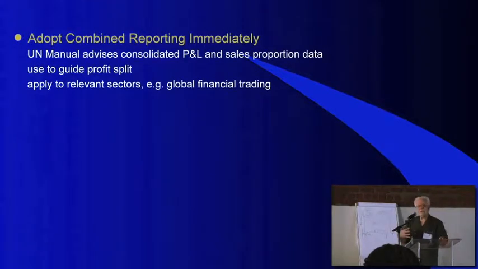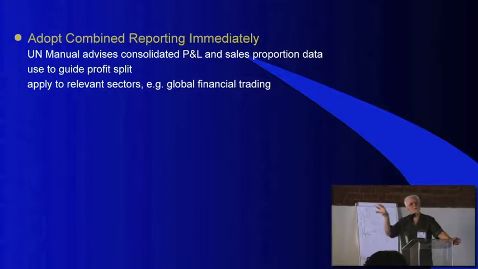And finally, combined reporting or unitary could be adopted in sectors where I think there already is agreement that the present system is particularly failing. There are particular types of financial activities, worldwide trading. A trading book is a particular area where it's difficult to identify whether the profits are made in London, New York, or Tokyo if you're passing a trading book around on a 24-hour basis.